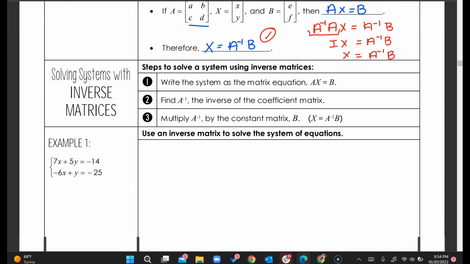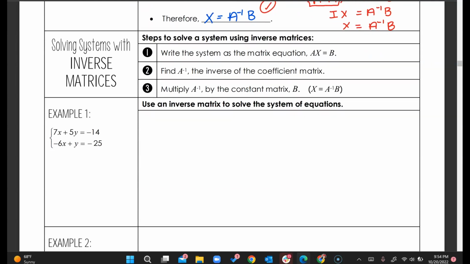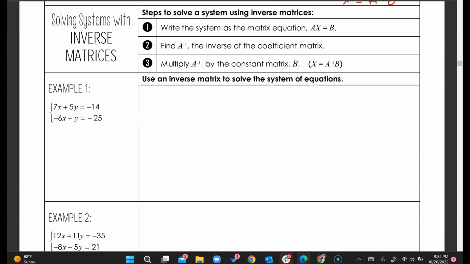So let's take a look at how to solve systems using inverses. We're going to look at the steps as we work through an example. We want to write the system as a matrix equation in terms of AX equals B. So let's take a look at this system. The first thing we want to do is write this as a matrix.